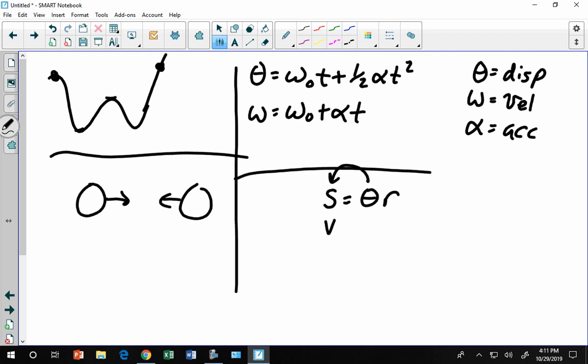S equals theta r, V equals omega r, and A equals alpha r. And remember on these, when you're dealing with the angular quantities, they must be in units of radians. That's one of those situations where your units have to be in radians. You never go wrong with radians, but in this case, if you're not in radians, you will go wrong. Okay?